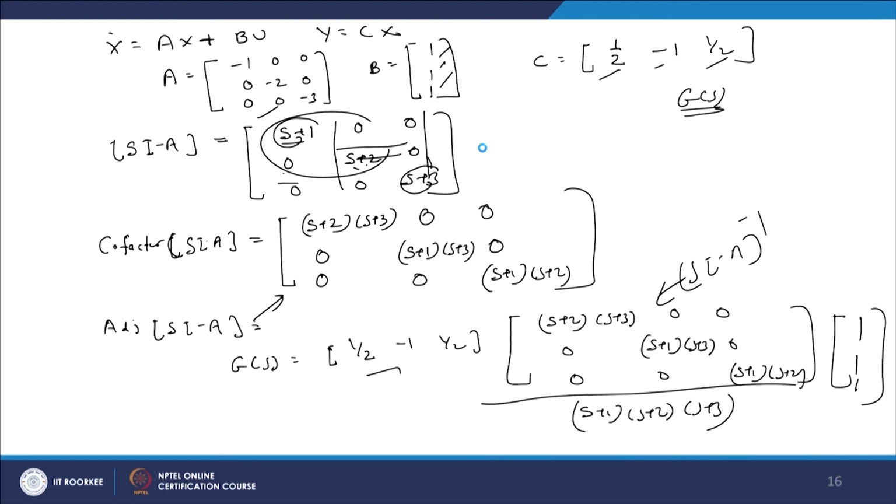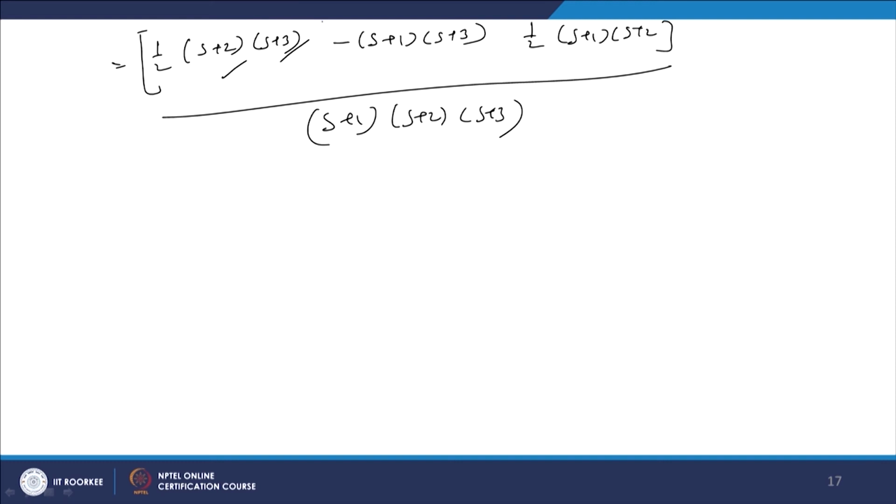How did we get it? We multiplied 1 by 2 with this, the rest is 0, therefore we got S plus 2, S plus 3.